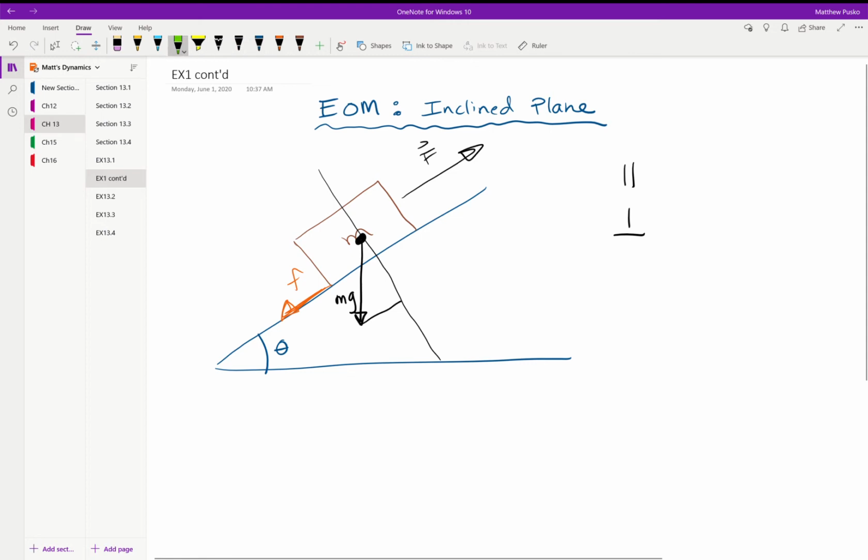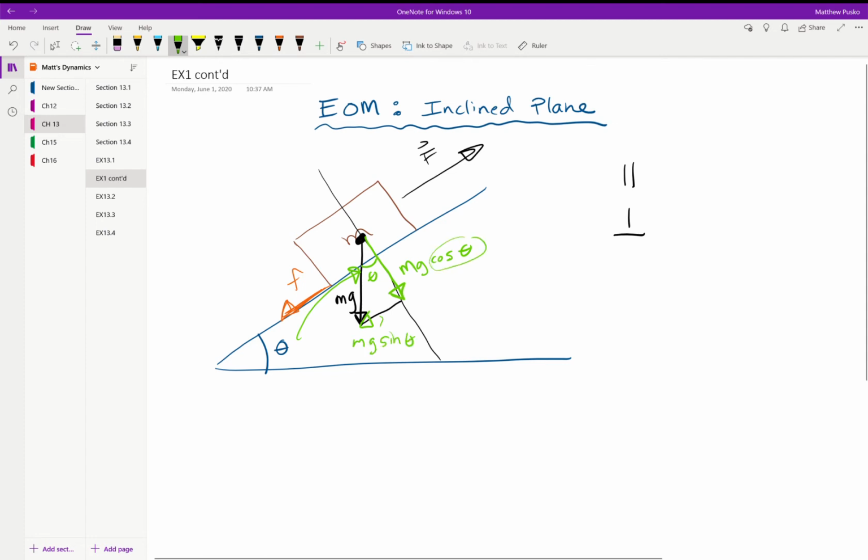Now, this thing right here, if this angle becomes theta, which it does, becomes mg cosine theta. It's a component perpendicular to the plane. And the component parallel to the plane would be mg sine theta.